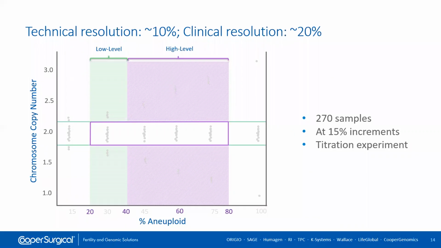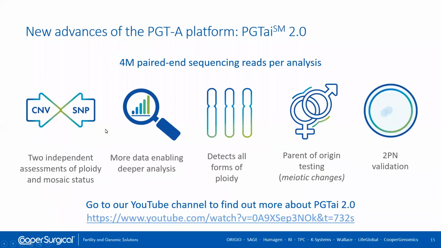We've put them into these 4 categories of euploid, low-level mosaic, high-level mosaic, or aneuploid. And this is to both aid the interpretation and also to fit with the data as we see it.